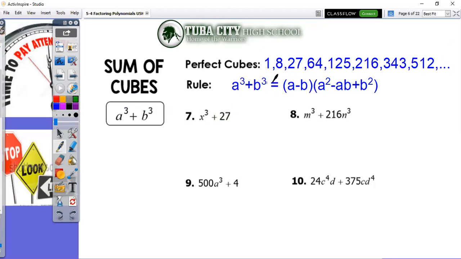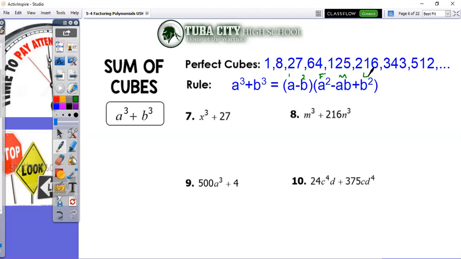So let's go ahead and break down the rule right here. In fact, this one has a bit of a more complicated rule because it's going to look kind of like that. In a previous lesson, we did the 1, 2, first, middle, last technique, and it is the same thing if you were to multiply.